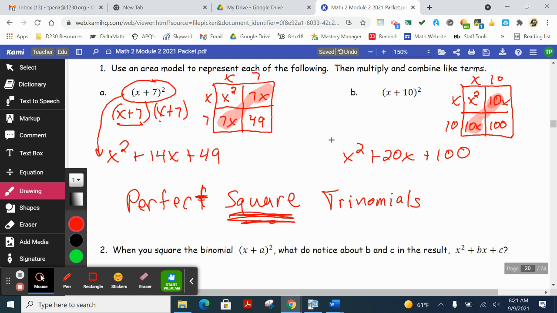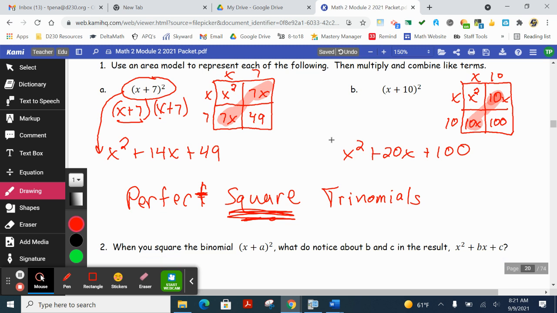So when we reference that, that's what these area models would always look like. So in a perfect square trinomial, what we want to recognize is when we look at what I have highlighted here in red, not only are these like terms, they're both x terms, aren't they the actual exact same number as well? Okay, not a coincidence. So in a perfect square trinomial, you're going to get 7x here, and then 10x, 10x, those are identical.